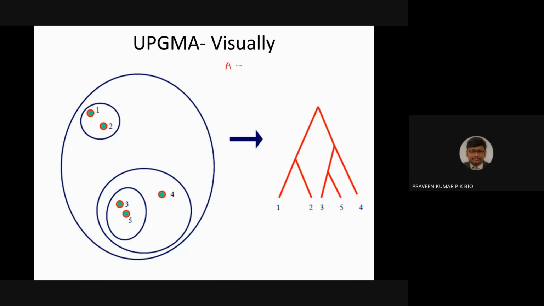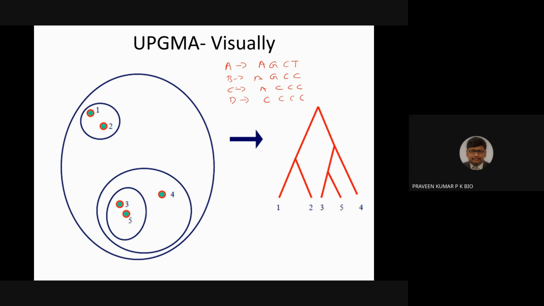Sequence A is A, G, C, T, the B sequence is A, G, C, C, the C sequence is A, C, C, C, and the D sequence can be created like C, C, C, C. Think you have 4 different species: the first is human, the other is chimpanzee, C is gorilla, D is orangutan. We have 4 species and their particular DNA sequences are like this. I'm just showing you with a few characters.